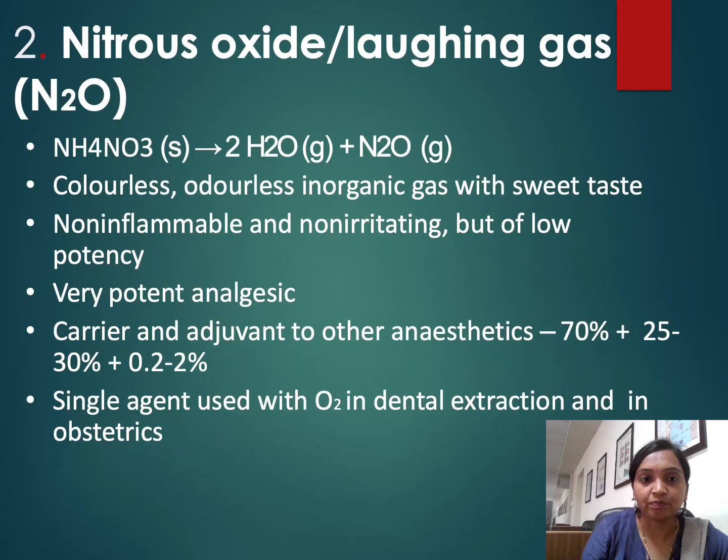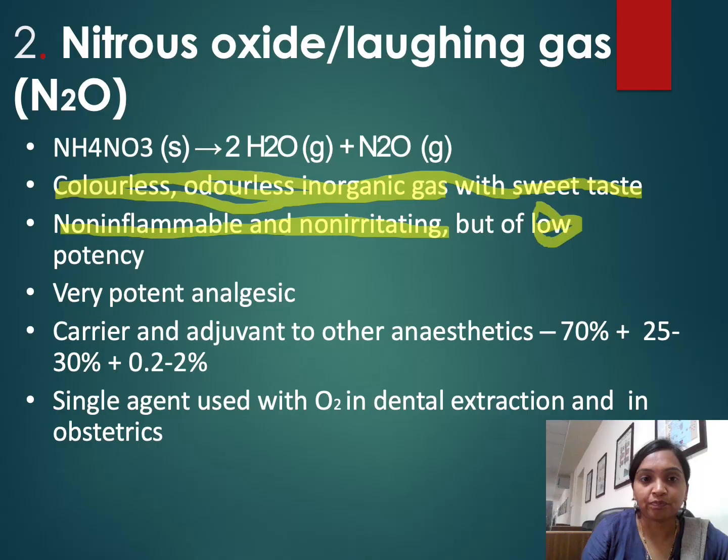So moving on to the most commonly used general anesthetic, that is nitrous oxide, which is a colorless, odorless, inorganic gas with a sweet taste. It is non-inflammable and non-irritant, but the potency is very low. This is a very important point.